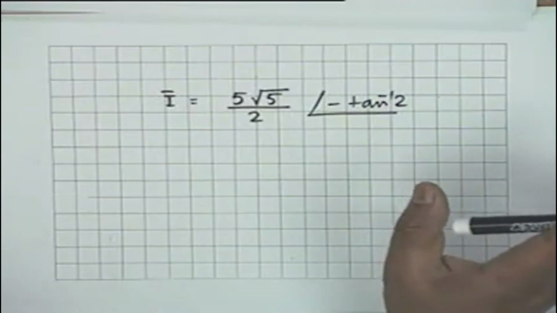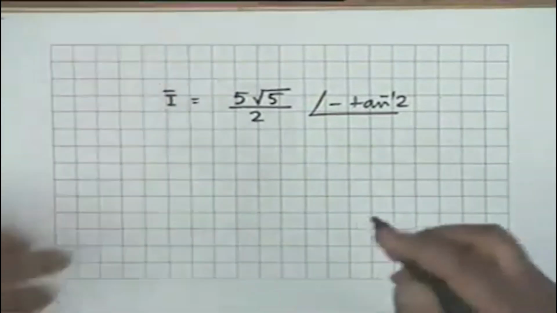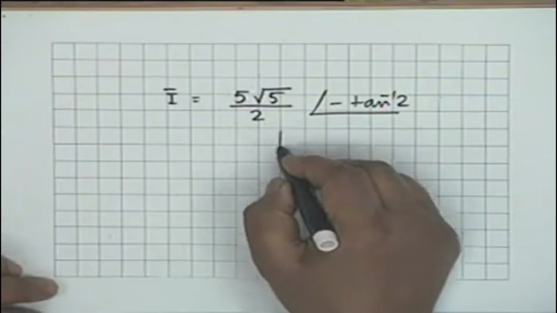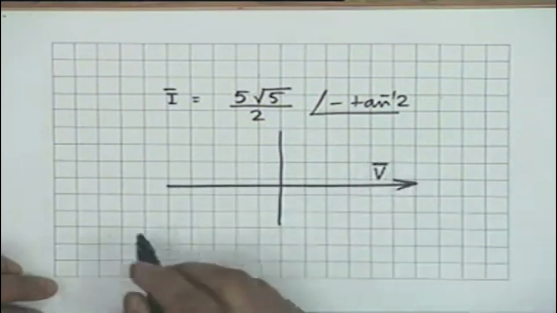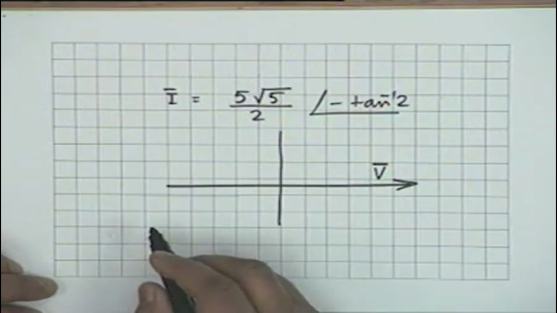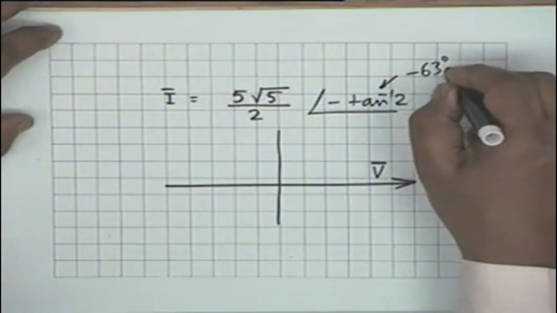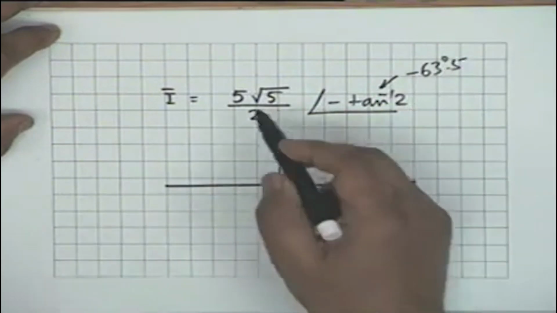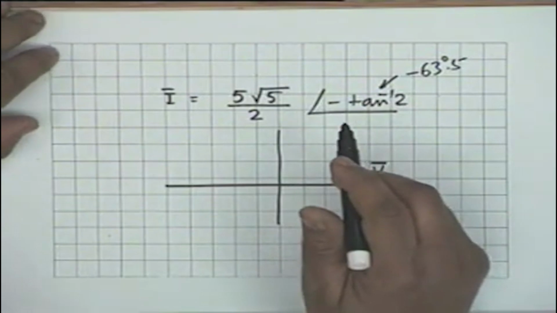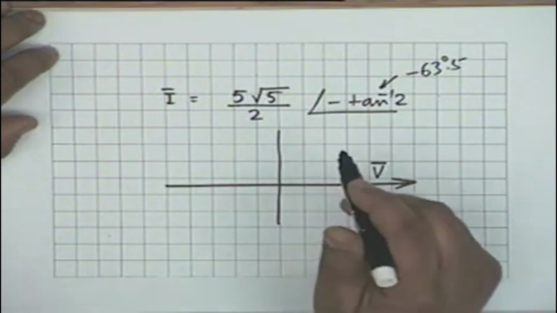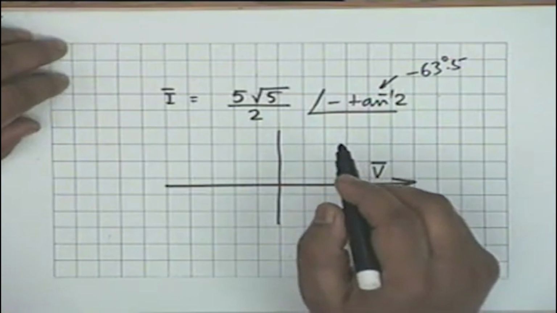Well, whatever it is, look at the phasor diagram now. This is my V. The angle is 63.5, minus 63.5. And what is 5 root 5 by 2? 2.5 times about 2.2, about 5.6.